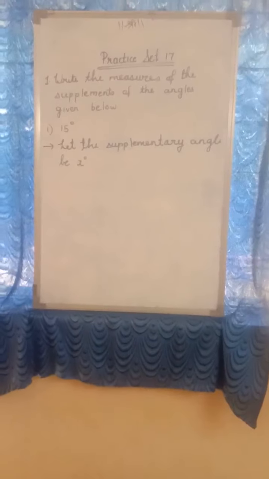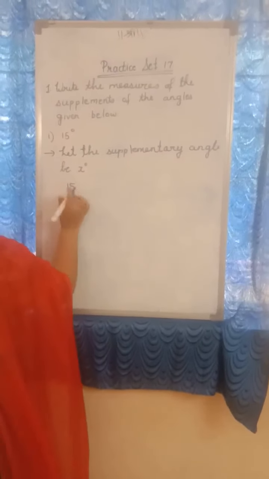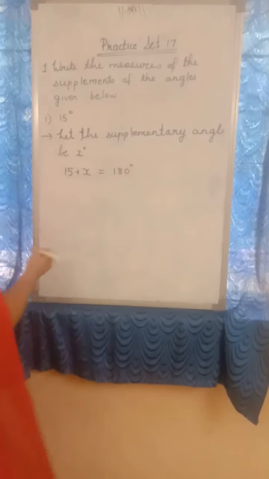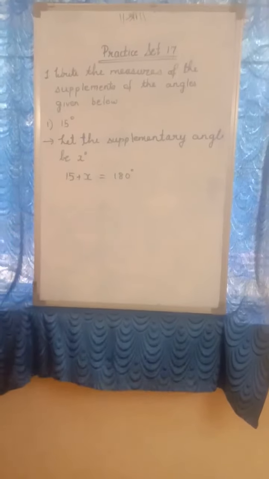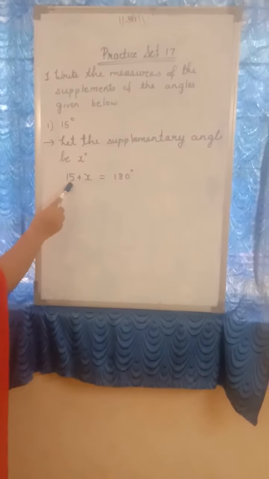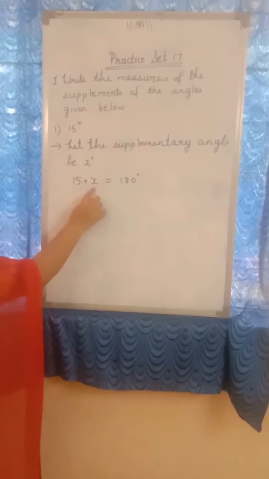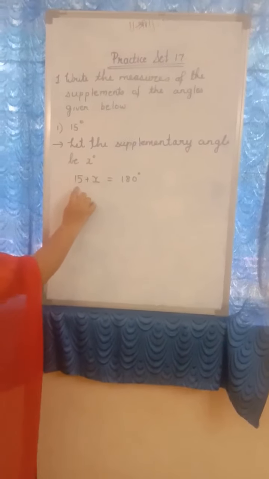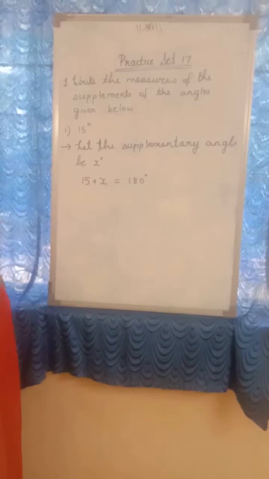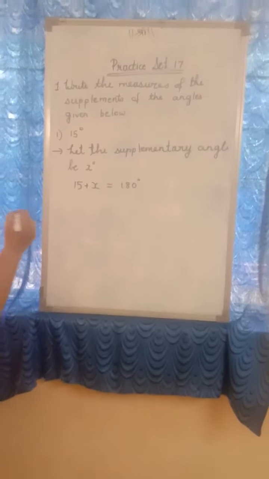Therefore, 15 plus x is equal to 180 degrees. Now we have to find the value of x. With x, you have 15 and it is positive, so to find x we have to remove this 15. Opposite of 15 is negative 15, so on both sides we will subtract 15.